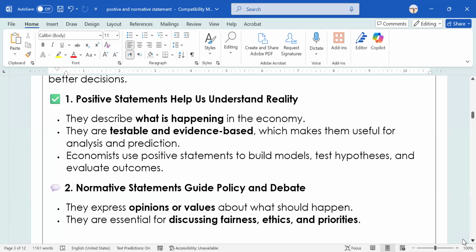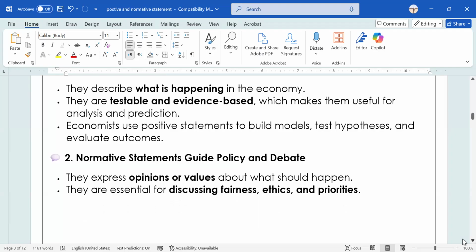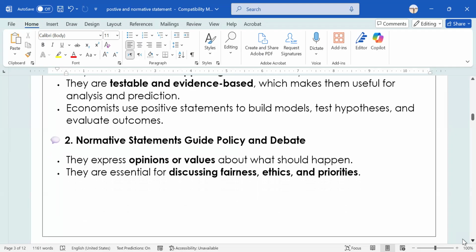So economists really use positive statements for building models, testing hypotheses, and even evaluating outcomes. That's why there's cause and effect. On the other hand, normative statements give us guidance in policymaking and debate. They express opinions or values about what should happen. And these are very important for the discussion of fairness, ethics, and priorities.